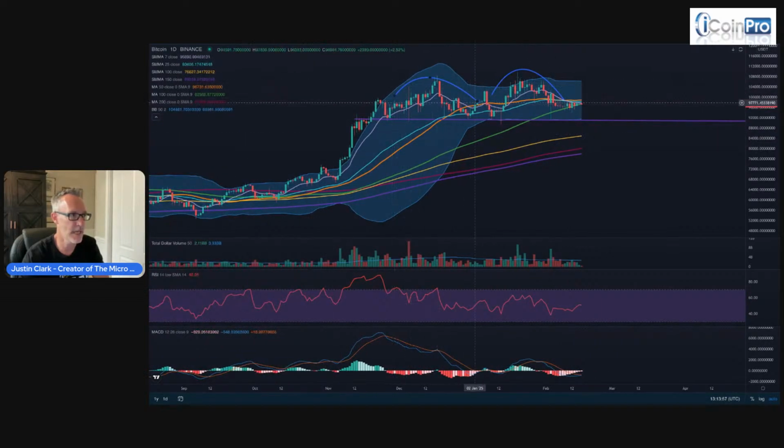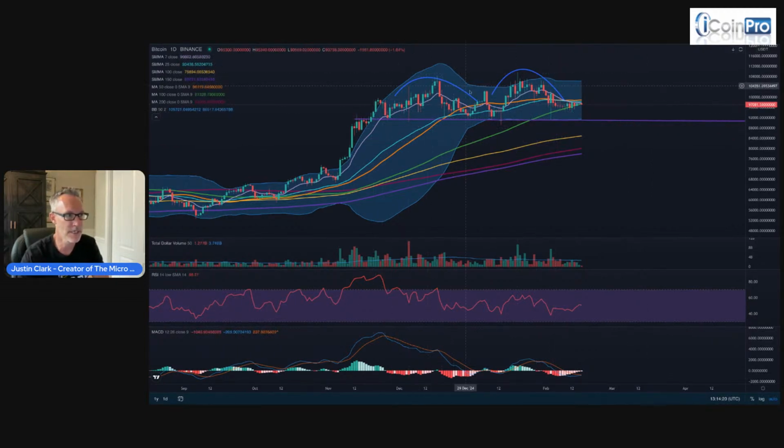If we zoom out, you're going to see I've got a couple other lines on here. This is what's called a head and shoulders. So we're potentially forming a head and shoulders on this, which this is the left shoulder. This will be the head. And then we could potentially form a right shoulder. If the right shoulder's high is lower than this, then that will kind of confirm it for other traders that we're in a head and shoulders. The head and shoulders is a bearish reversal pattern.